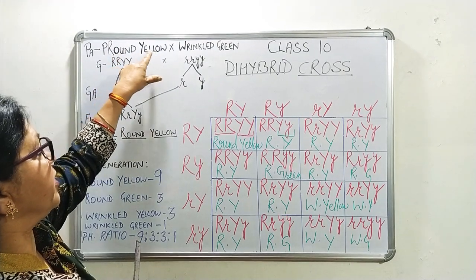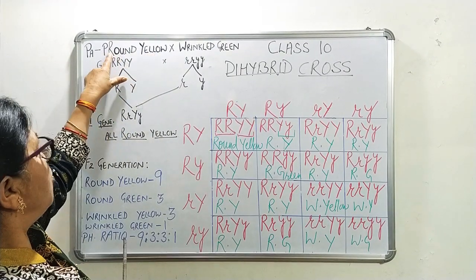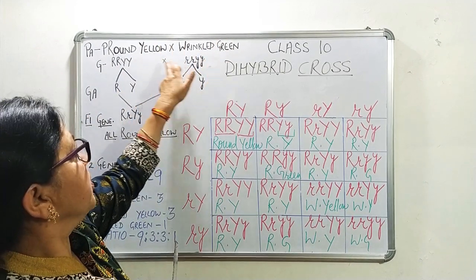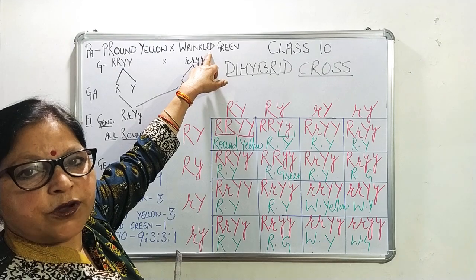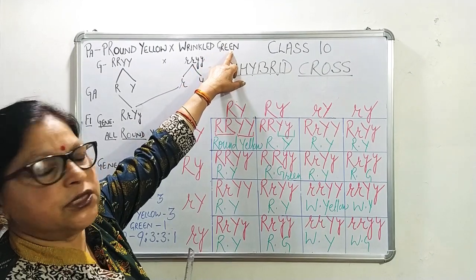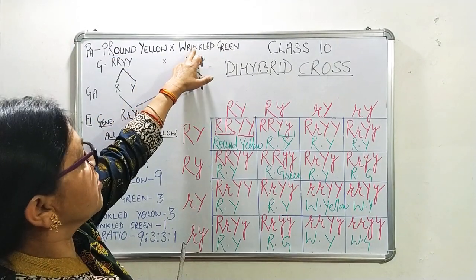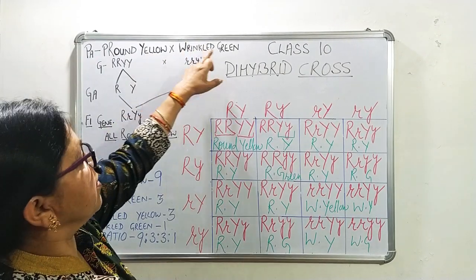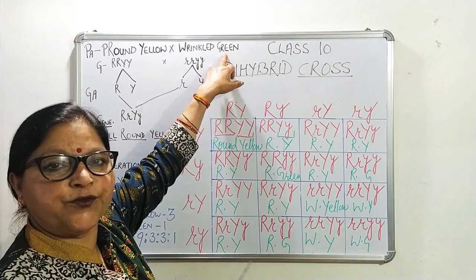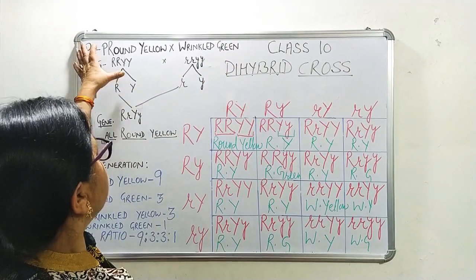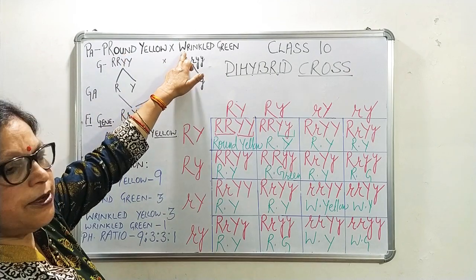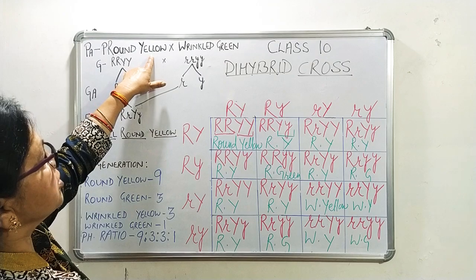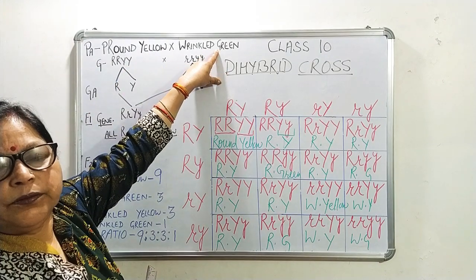So these are two characters, round and yellow. Another plant was wrinkled with green seeds. So round and wrinkled are two contrasting traits, and yellow and green are two contrasting traits for the same character. So he took the shape of the seed, round or wrinkled, and the color of the seed, yellow and green.